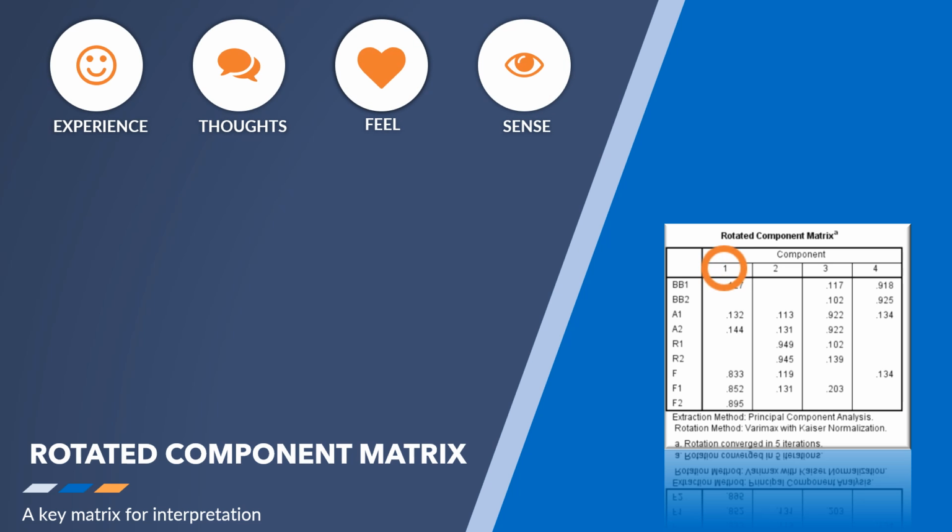They are represented as component 1, 2, 3, and 4 in this matrix. This means that every statement in your questionnaire, which is in this case BB1, BB2, A1, and A2, etc., is grouped into components 1, 2, 3, and 4. However, sometimes you will find that one statement can be grouped into more than 2 components. In that case, we will ignore all the components that have a lesser value than 0.5.